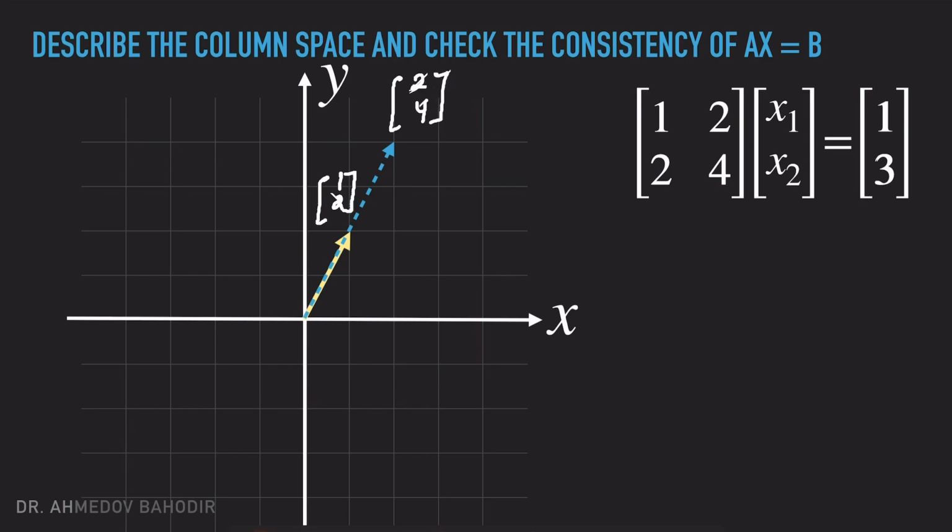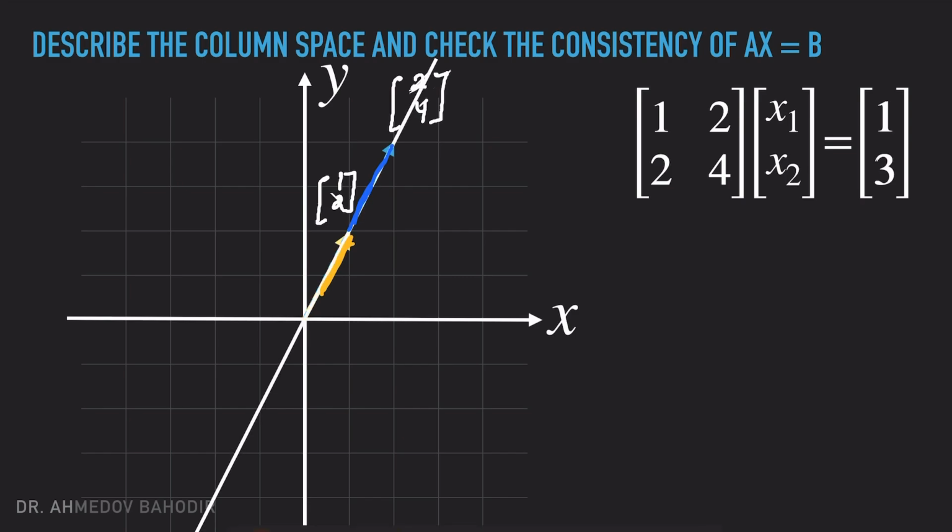Whenever I say, give me a linear combination of these two vectors, what I mean is that I multiply this 1 and 2 vector, this yellow vector, by some constant, and multiply this blue vector by some constant, and just add them. If you multiply the 1 and 2 vector by some constant and the 2 and 4 vector by a constant and add them, you are always going to get a vector along this line through these two vectors.